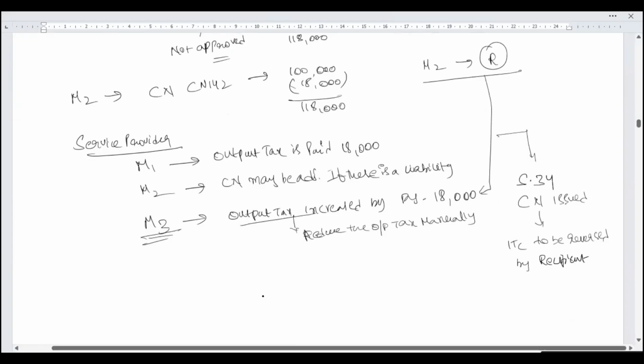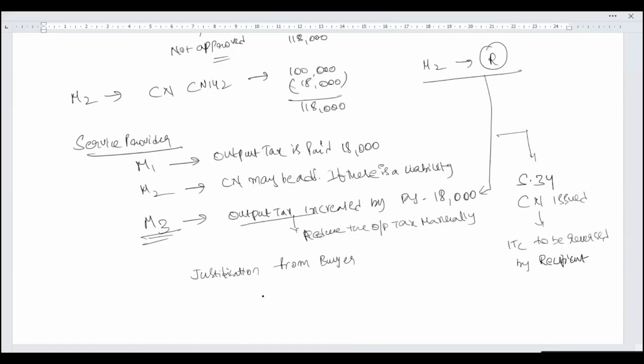When you do this, a notice may come. Why? There is output tax which was more than what you have paid. Explain the reason. So here I need to get a justification from whom? From the buyer. So this gentleman, the buyer, whoever is there, should explain why he has rejected. This is point number 1.